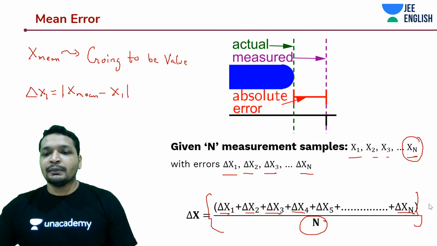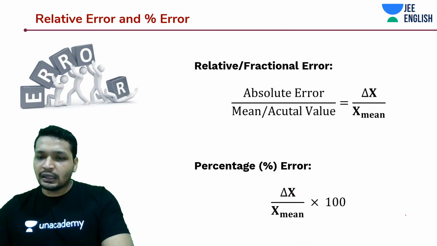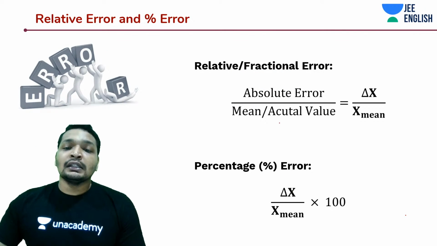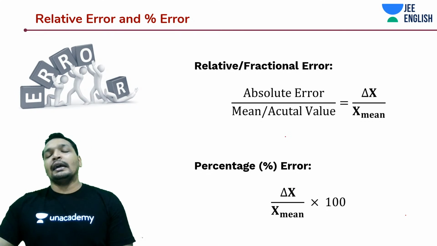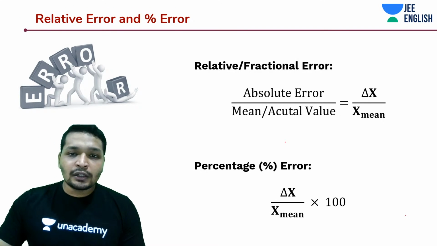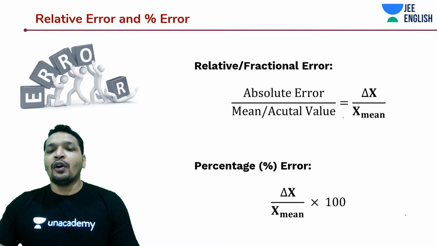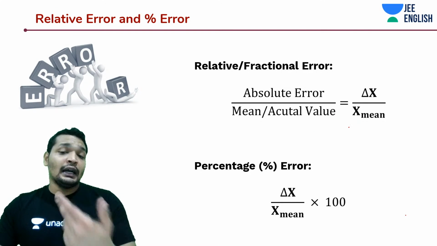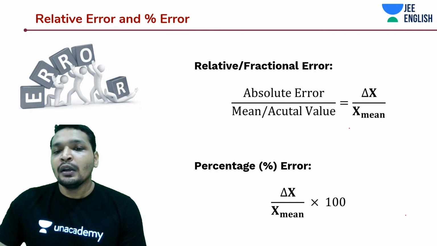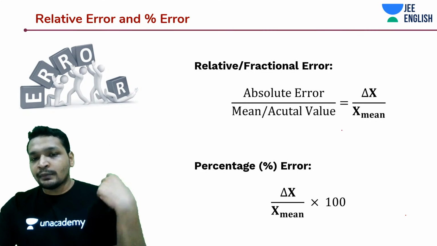So this is quite a simple concept, guys. There is nothing in this. And similarly, you can also express your error with respect to your true value or absolute value, I mean the actual value or mean value. Both can be used.